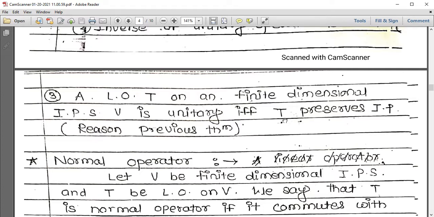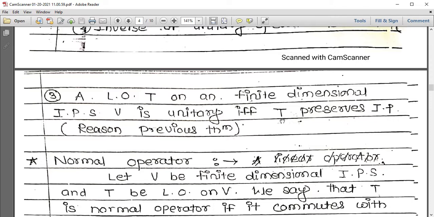So here there is no need to prove that T is invertible. So this is the definition and one theorem about unitary operators.